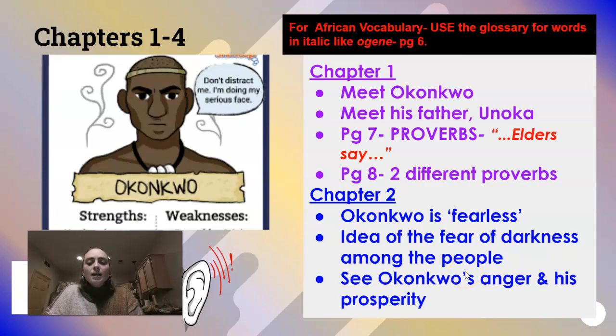But we're also going to see that he is wealthy and successful. And in their society, you have to earn your titles. You do hard work in order to gain a higher status in society. So he is really successful, and he works really hard to gain a high status in his society, even though he is a pretty angry and mean person.